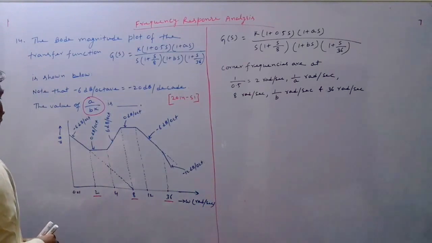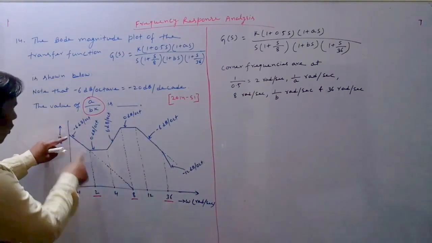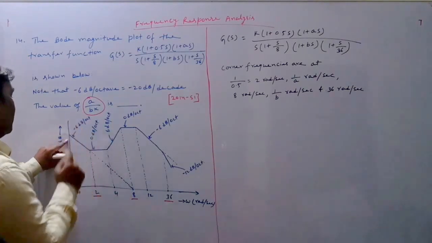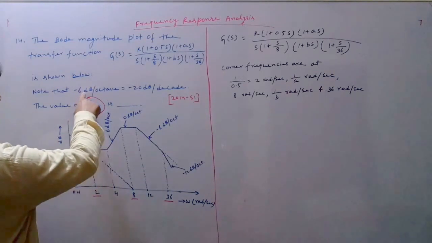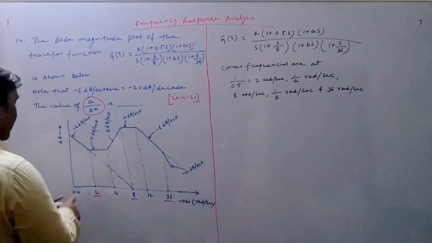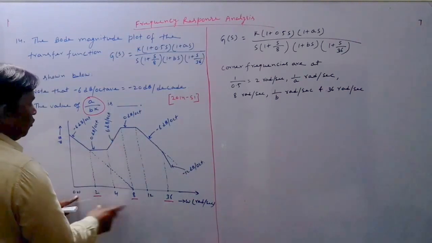Now as we can see, this slope is minus 6 dB per octave, and it is written that minus 6 dB per octave equals minus 20 dB per decade. And here we can see that it is from 0.01 to 8.